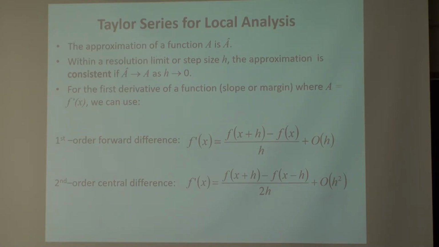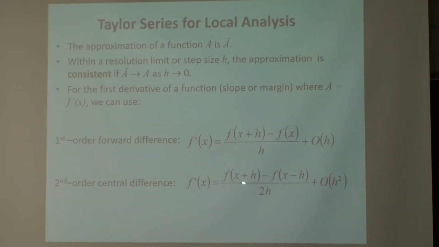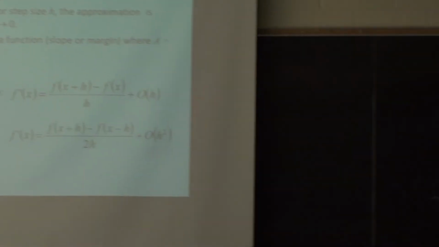You probably have learned the second order things as well, just from the Taylor expansion, which is not strange. If you do both sides with the same h, then magically you get second order accuracy. You can prove that easily just by writing down the Taylor series expansion for these two.